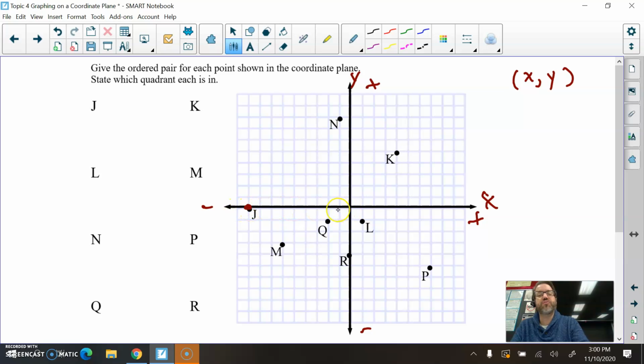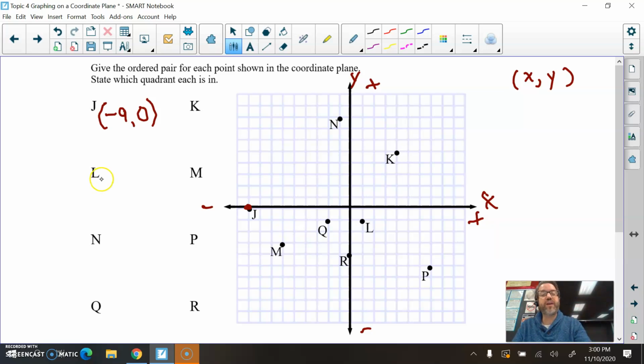I can count it out too. 1, 2, 3, 4, 5, 6, 7, 8, 9 in the negative direction. So I have negative 9 for my x coordinate. And then my y coordinate is 0 because I'm not going up or down. And then I put it in parentheses. Ordered pairs are always in parentheses. Point J is located at negative 9, 0.